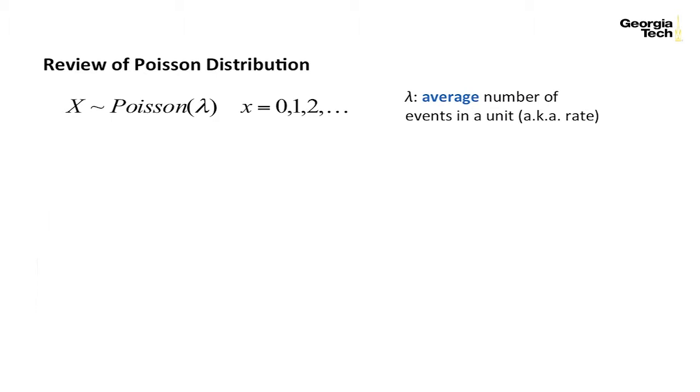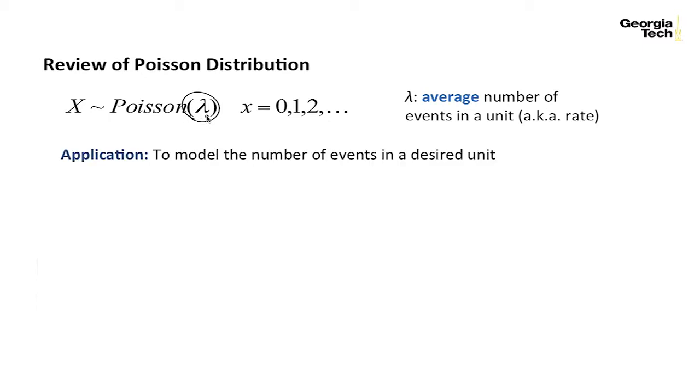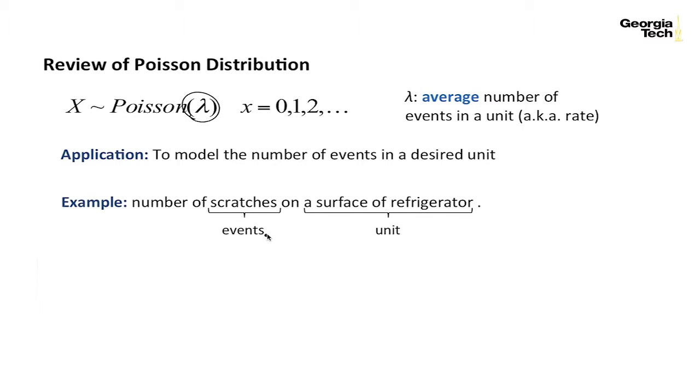And as you know, the underlying distribution that we usually use for modeling this data is Poisson, and Poisson has one parameter, lambda. Lambda is the average number of events in a unit. In the quality control literature, the event is, for example, scratches or defects, and the unit is usually the inspection unit, in this case, a surface of a refrigerator.